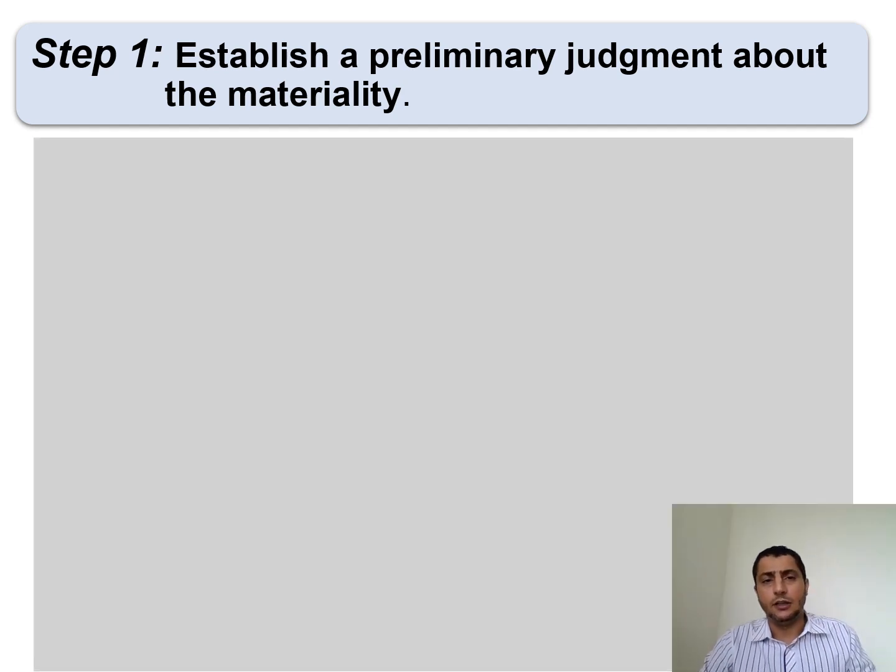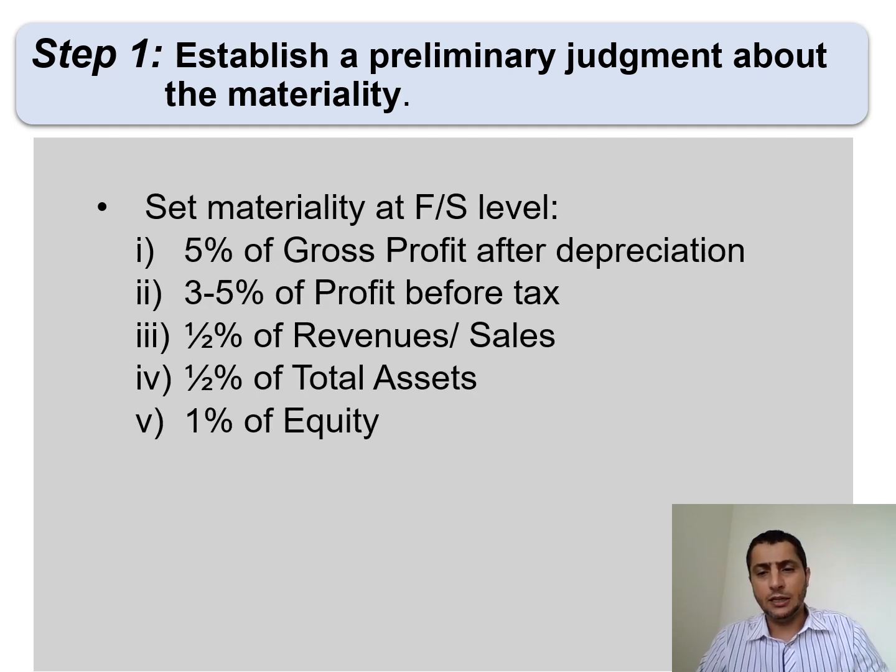In step 1, in determining or setting up the preliminary judgment, we need to consider two aspects: the quantitative and the qualitative. On the quantitative side, we need to set up a percentage for each of the accounting figures in the financial statement. For example, 5% for gross profit after depreciation, 3 to 5% of profit before tax, and 0.5% of revenue, sales, total assets and equity, and so on.